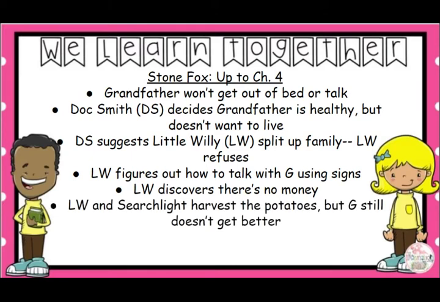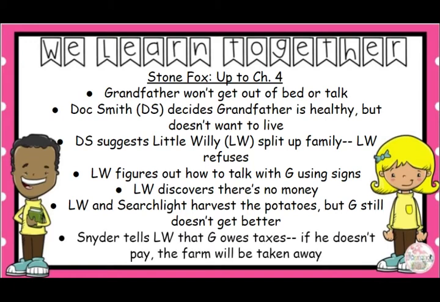So little Willie and Searchlight harvest the potatoes, but grandfather still doesn't get better. And then we learned that Snyder tells little Willie that grandfather owes taxes, and if he doesn't pay, then the farm will be taken away. Readers, the problems keep getting worse and worse for little Willie. Grandfather is broke, and they may lose the farm.